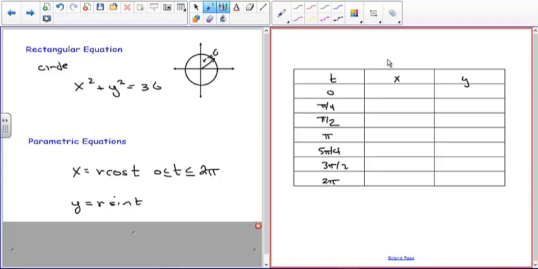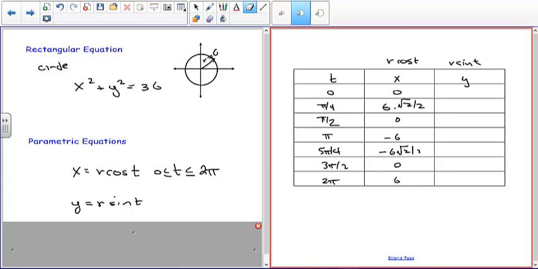So if I use this equation, this is r cosine t, this is r sine t. What you would get is 6, 6 times the square root of 2 over 2, 0, negative 6 times the square root of 2 over 2, negative 6, negative 6 times the square root of 2 over 2, 0, 6.